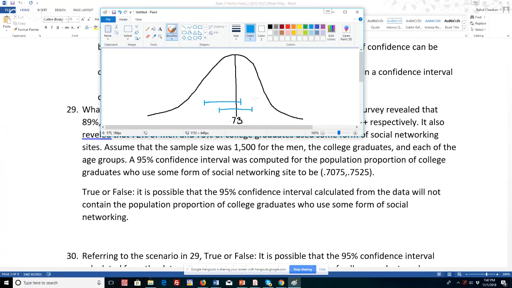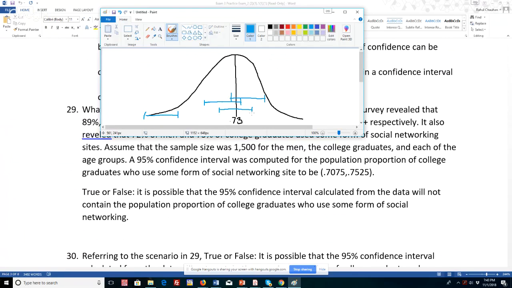If I were to take another sample, maybe it's all the way out here, and I create a confidence interval, hopefully, again, the true population parameter is captured within our interval. So it is possible that you could get a sample that's way out here in the tail end. Even if I create a confidence interval, our true population parameter isn't contained within this interval.